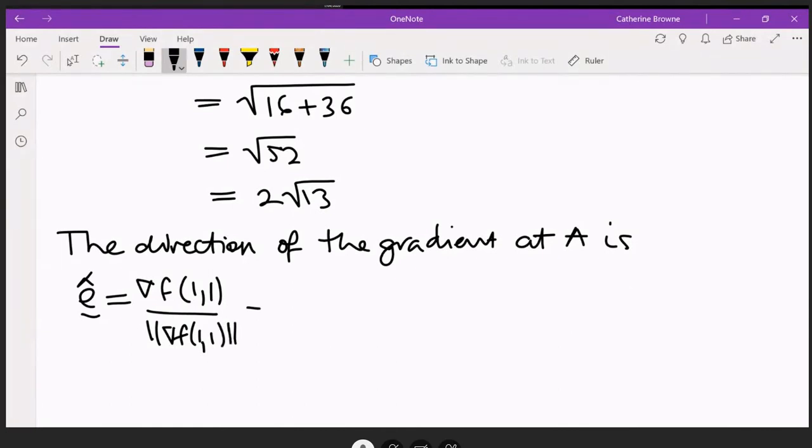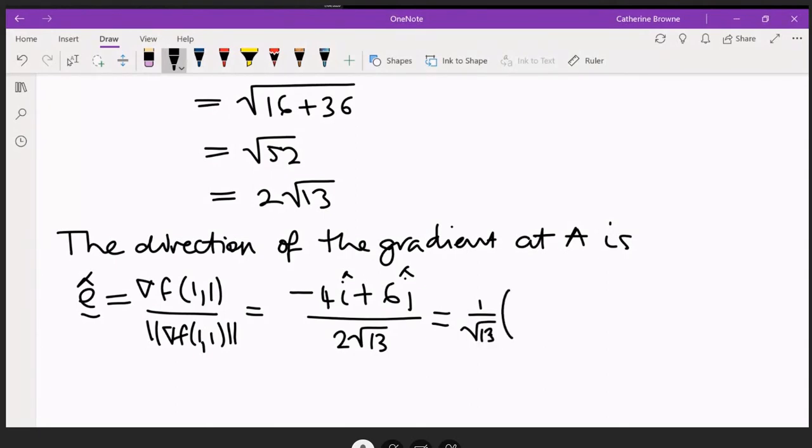So that was minus 4i plus 6j, and we found that the magnitude was 2 root 13. So I can simplify that. I'll take the 1 on root 13 out the front, and minus 4 on 2 is minus 2, and 6 on 2 is 3. Sorry, there's a minus there.